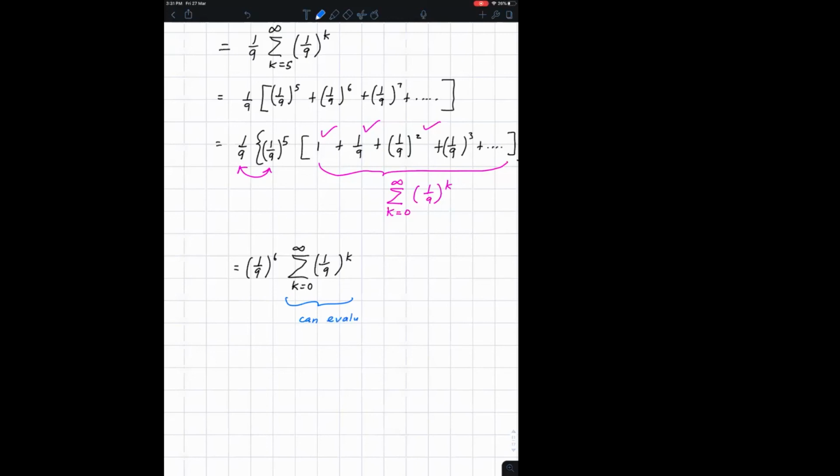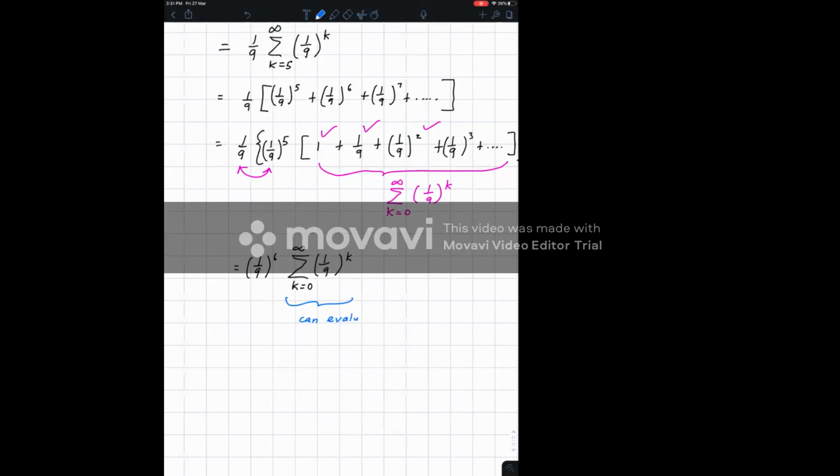And this is the formula. We have this formula from the last time. I don't know if you guys still remember. We have this formula in the notes.